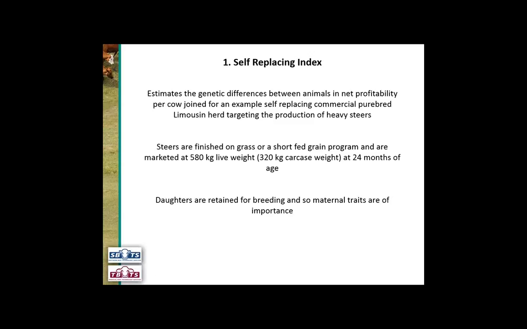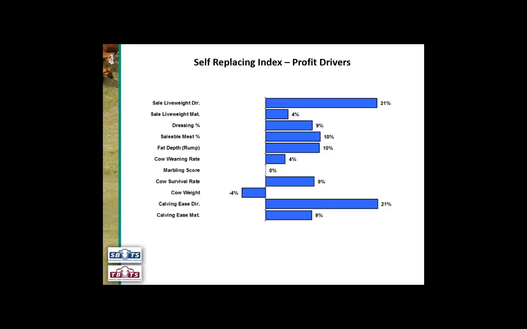Now we have three graphs. We call them the blue graph, the red graph, and the green graph. And these are available again for all indexes for all breeds. So this is what we call the profit drivers, and this is for this particular index.